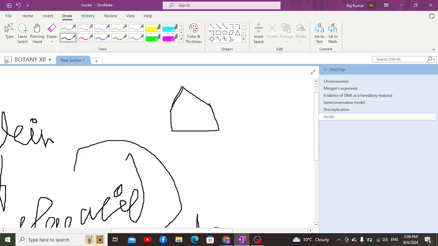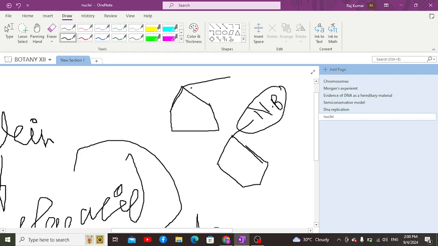On the first carbon, we have the attachment of the nitrogenous base. On the second carbon, there is a lack of oxygen.